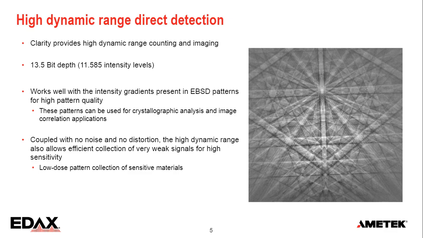But also, because there are so many levels, we can select a very small number of them and stretch that, so we can work with extremely weak signals for high sensitivity, and that will allow us to go for low dose.